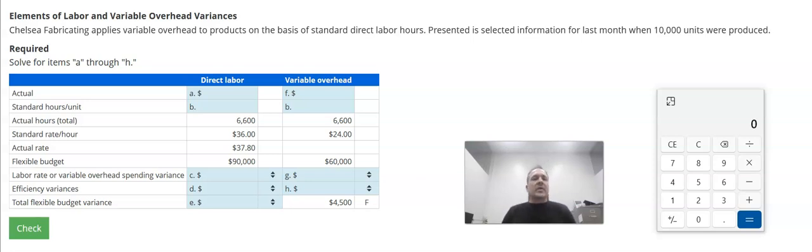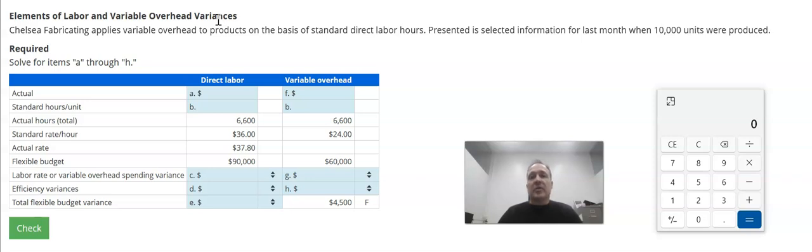All right, got an interesting little exercise for you here. They have labeled this elements of labor and variable overhead variances. So when we are in the budgeting process, we will budget for any number of things.